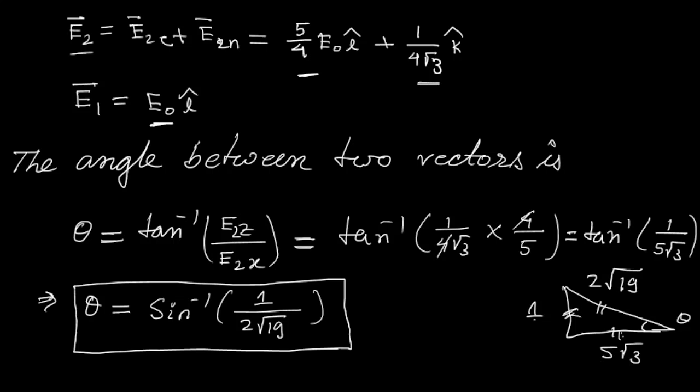From there you can write the mathematical expression of the electric field in the second medium, and then you can calculate what has been asked in these questions. In these questions it was asked what is the angle between these two electric fields. You have already calculated it, and this angle theta is equal to sine inverse of 1 by 2 into under root of 19. So the correct answer will be C.